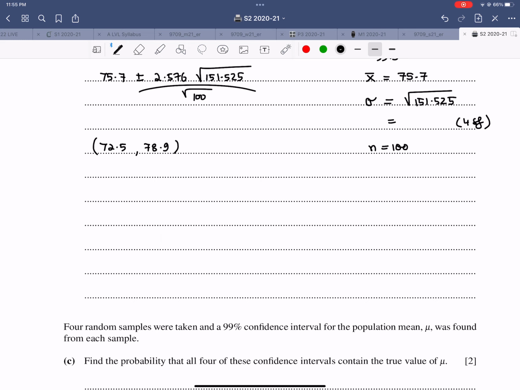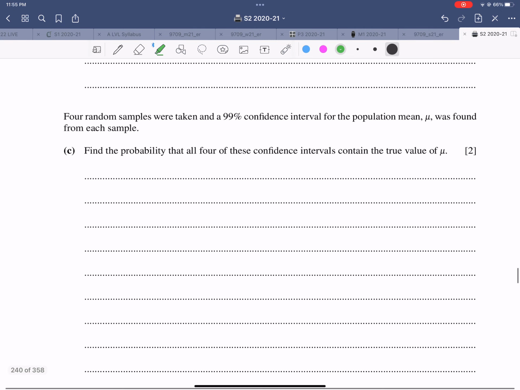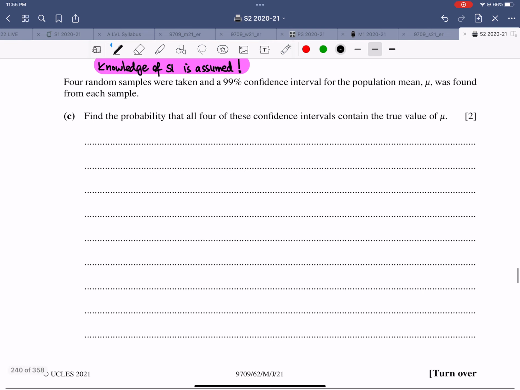Now, what is this question all about? Remember the phrase that is used a lot: knowledge of S1 is assumed. It says 4 random samples were taken and a 99% confidence interval for the population mean was found from each sample.